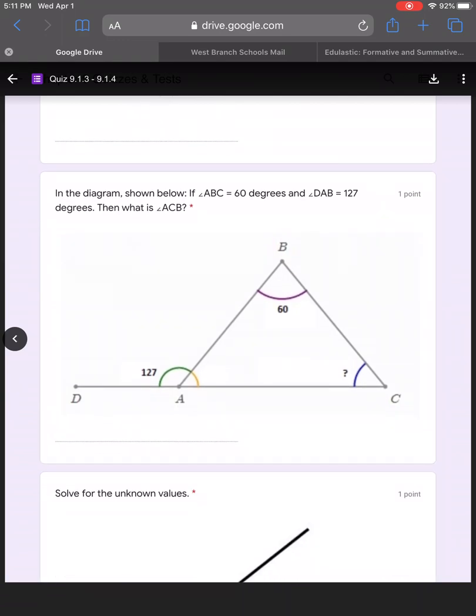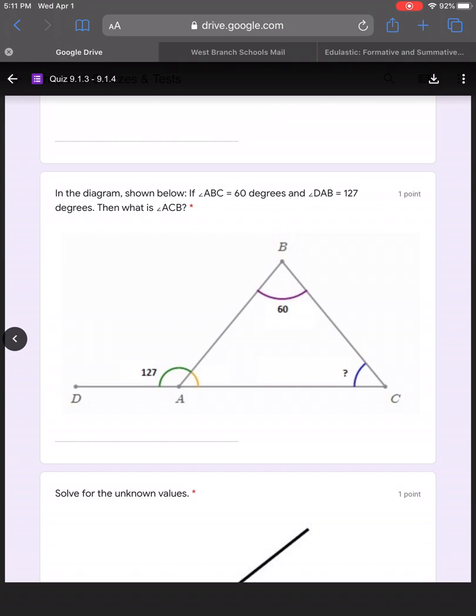Okay, next one. In the diagram shown below, if angle ABC equals 60 degrees, so that's the one with the purple angle marker there, and angle DAB equals 127 degrees, well, that is the exterior angle. Then what is angle ACB?